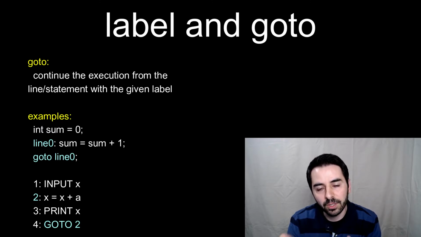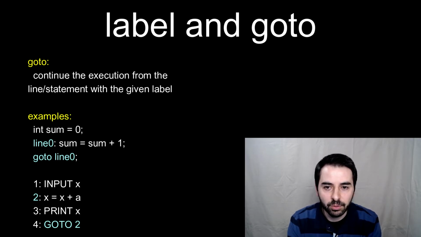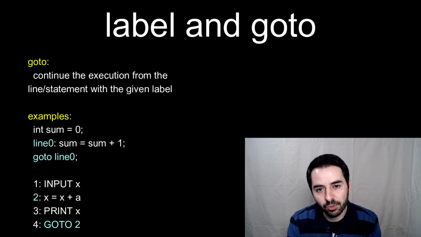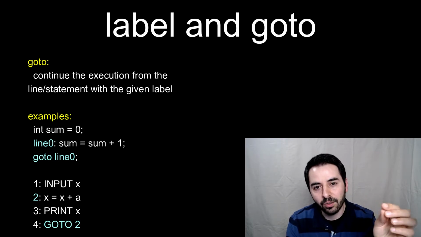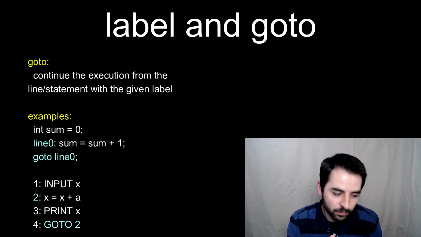In the next line we can say goto line 0, which means it will add one to sum, and then in the next line it will see it's a goto statement, and it will go back to the same line. So it will keep adding one infinitely. This is obviously not a good thing to do, but it's just an example of how this works. Basically, goto jumps: the execution will go to the line with that given label.